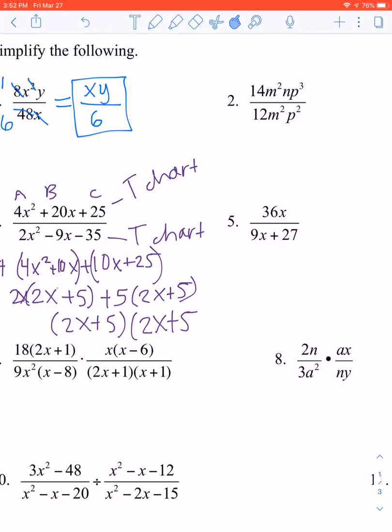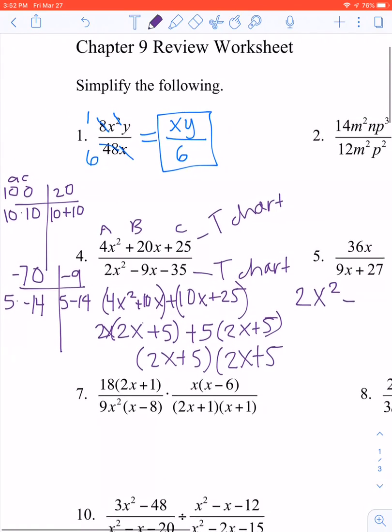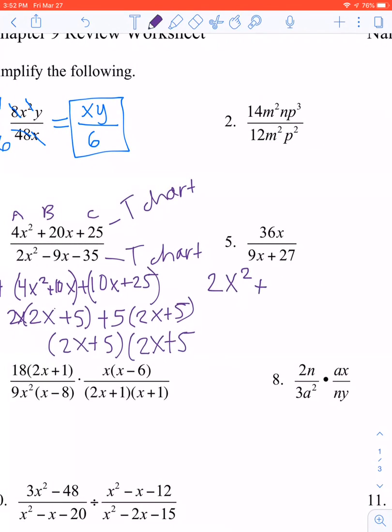We're going to change our denominator to 2x squared plus 5x minus 14x minus 35.